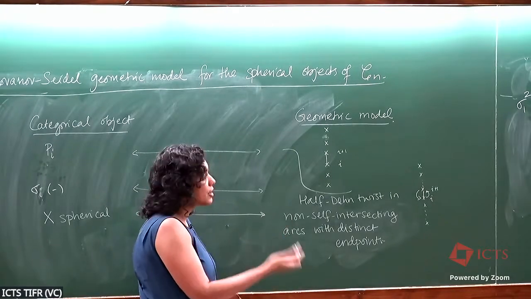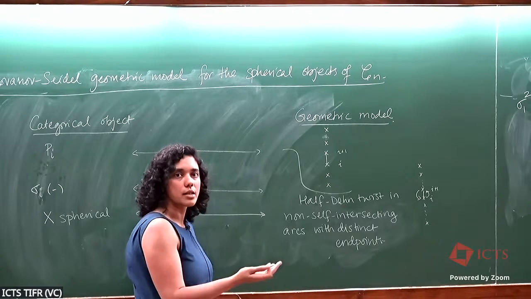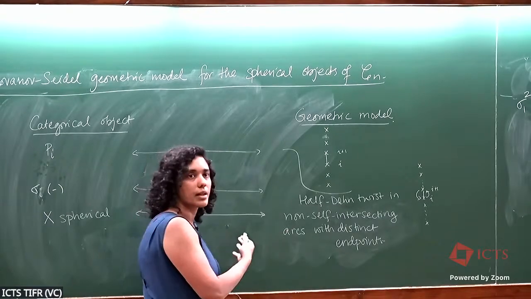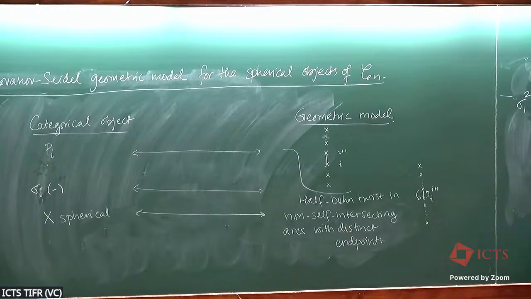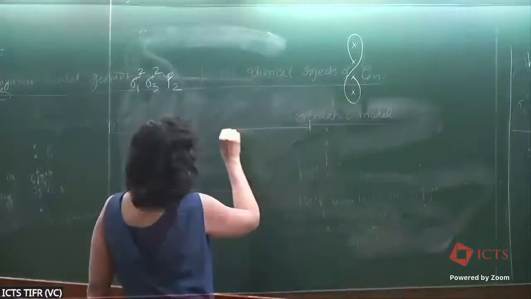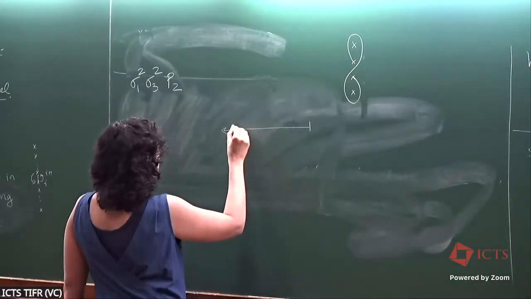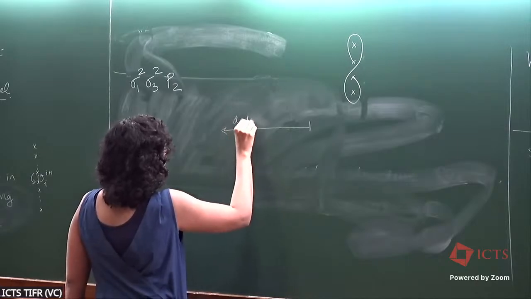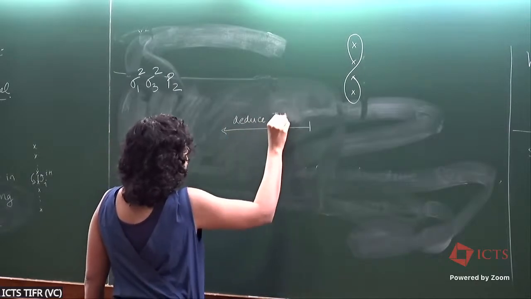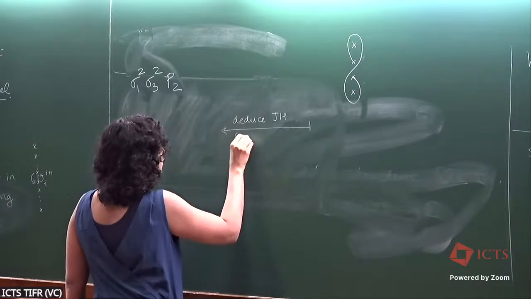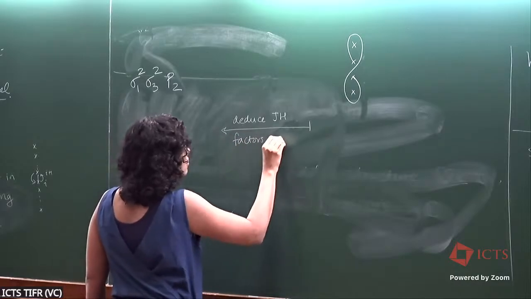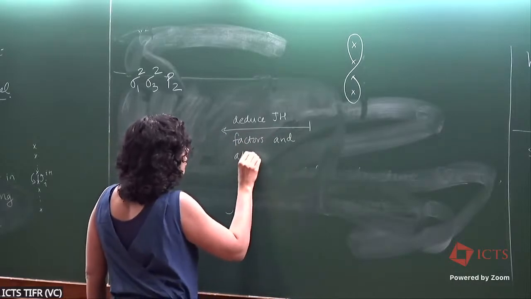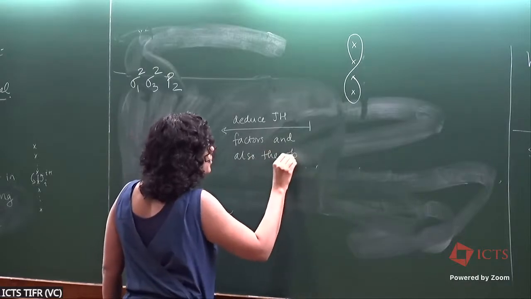In particular, you can deduce its Jordan-Hölder composition series, and you can reconstruct the object. So you can go this way and deduce the Jordan-Hölder factors and also the object itself up to some overall shift.